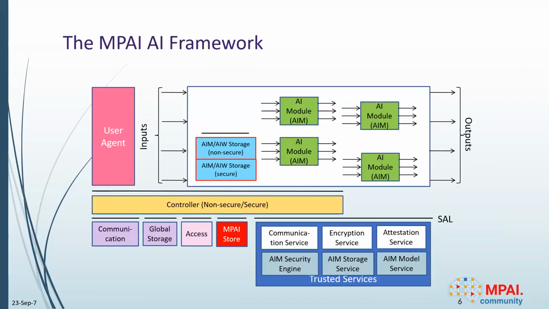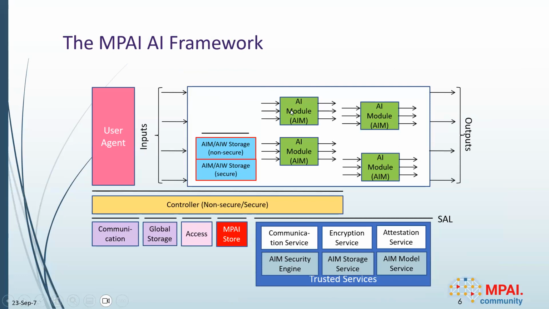So this is the reference model. You see here that we have AI modules with input data and output data, and we said that these have known semantics. The function of the AI module is also specified.